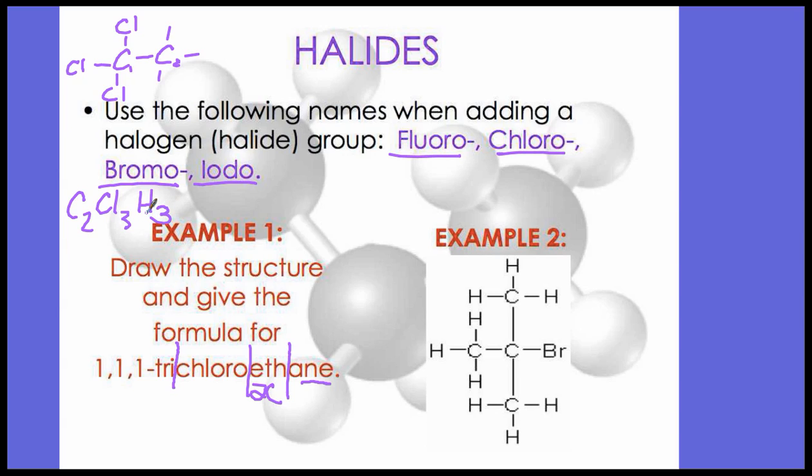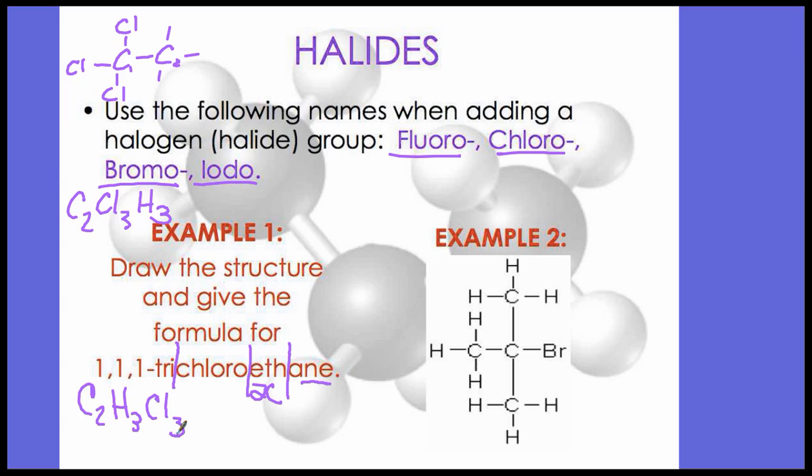Usually we list the H's before the chlorines because the chlorine is an extra. Almost all the compounds have hydrogen, so we write that second. But it doesn't matter for us. I won't take points off.